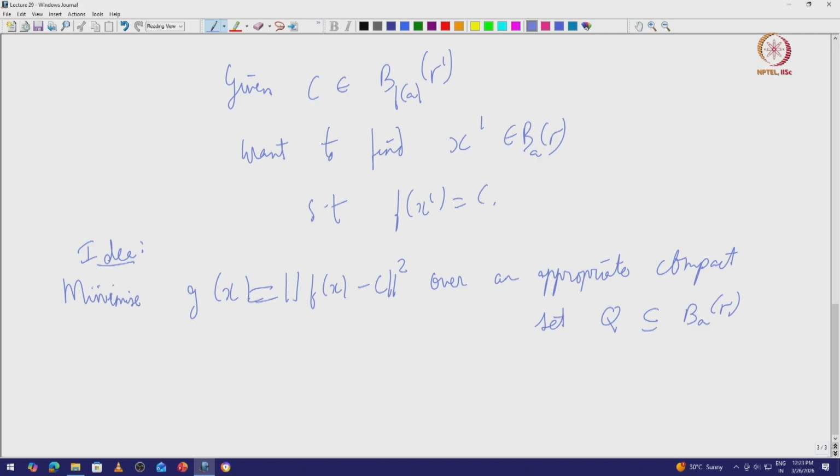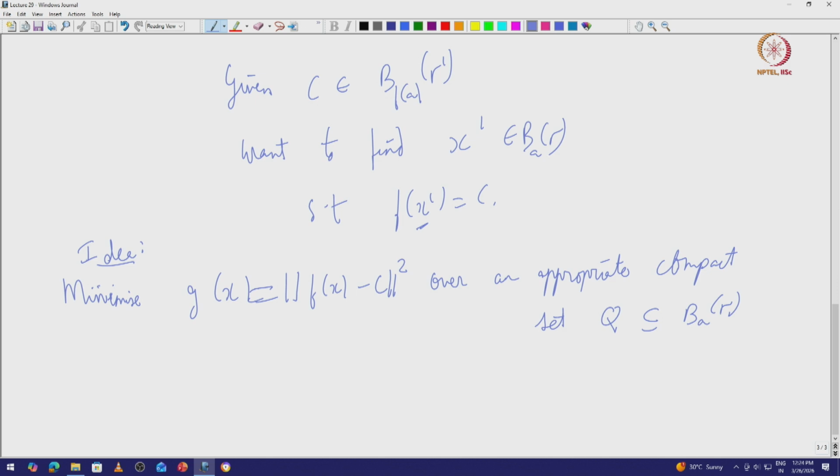In other words, if there was a solution to it, how would you have characterized it? One way is to take norm of f of x minus c whole square. If there is an x dash so that f of x dash is c, then of course g of x dash equals 0, and that's the minimum possible value of g because g is always greater than or equal to 0, right?